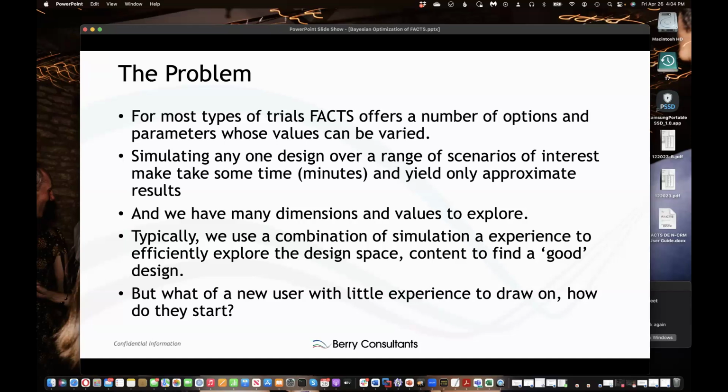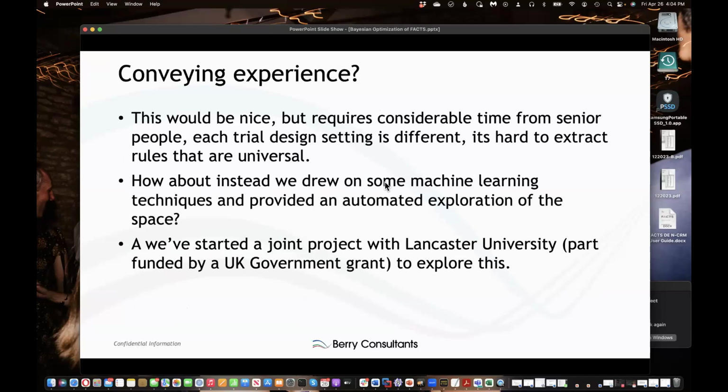How do you start to get this experience and become comfortable with the design choices you've made? It would be nice if we could convey experience, but it requires quite a lot of time from senior people. Every trial's design setting is different, and it's hard to extract rules from them that are universal.